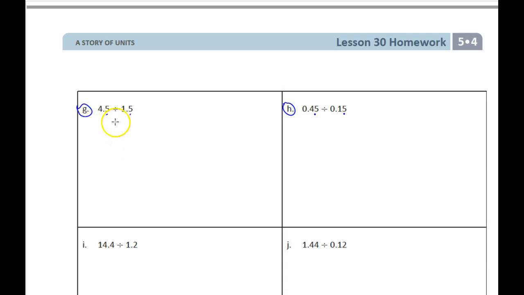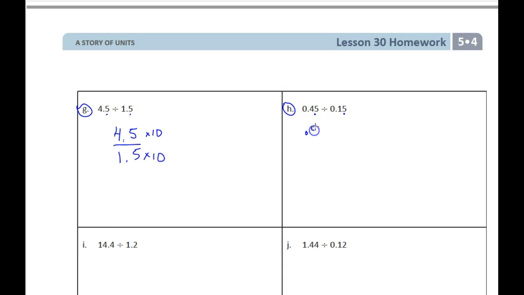So in this case, if I have 4 and 5/10 divided by 1 and 5/10, I multiply by 10 because I want to move and grow the 5 by 1 decimal place. Let's do the same thing to the other one over here.